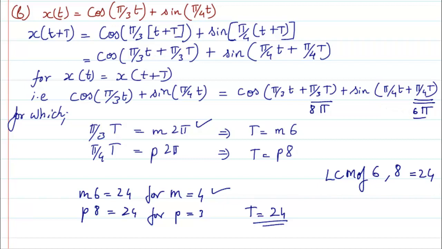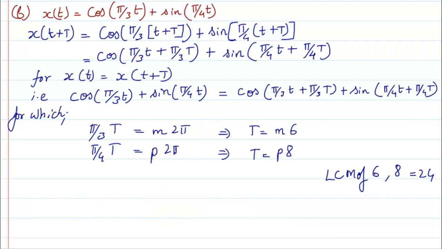And we know that 6 pi is also a multiple of 2 pi and 8 pi is also a multiple of 2 pi. So this will be as good as cos of pi by 3 as well as sine of pi by 4. So for both of these to work out, the common value of t will be the LCM of 6 and 8. And that is the solution for this one. So the time period is basically 24.